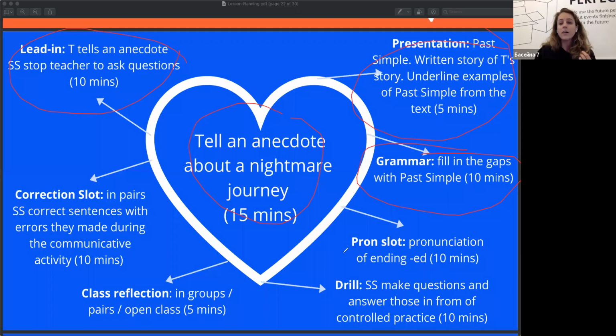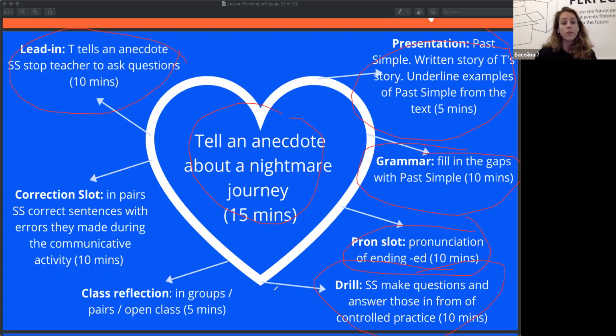After this, ideally, I would have a pronunciation slot, because we have this ed ending that can be pronounced in different ways. So I will practice and drill it a little bit with the students. Then I can have a drill. It's kind of controlled practice, because I want to drill different types of sentences, questions, negatives, positive, paying attention to the ed ending.